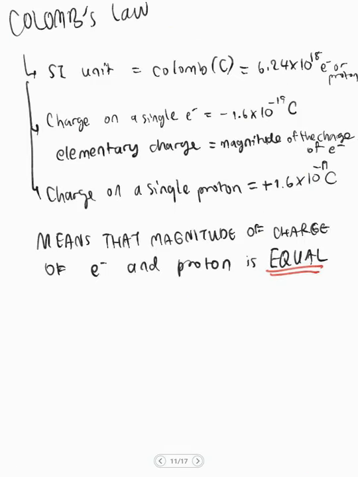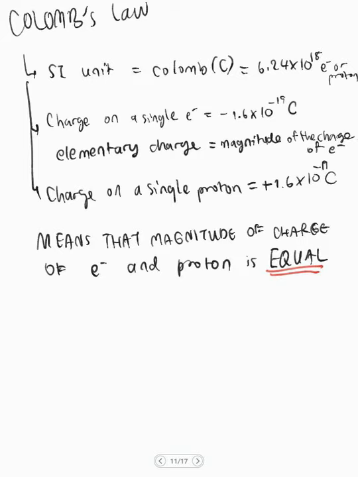The SI unit for charge, the Coulomb or C, is equal to 6.24 times 10 to the power of 18 electrons or protons, and the charge on a single electron is equal to negative 1.6 times 10 to the negative 19 Coulomb. Let's have a new term, elementary charge.